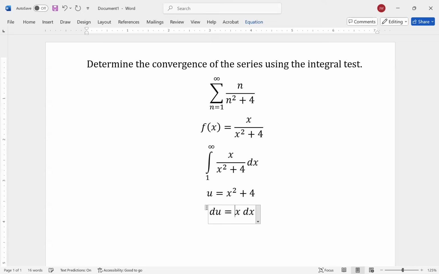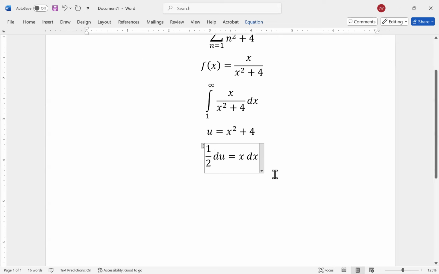I'd probably divide both sides by 2. So now when I substitute, my integration would be, I'd have this x dx changes into 1/2 du, and x squared plus 4 changes into u.